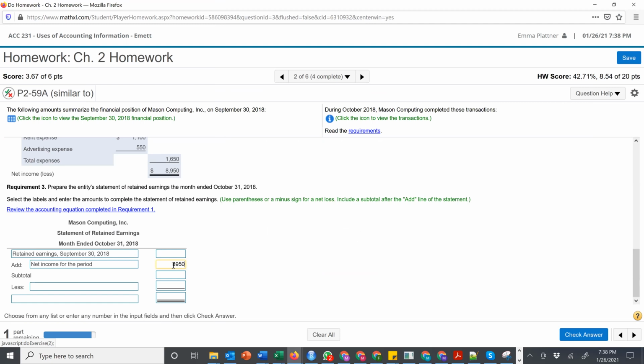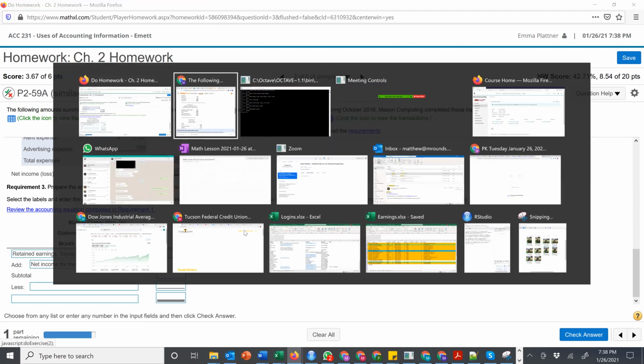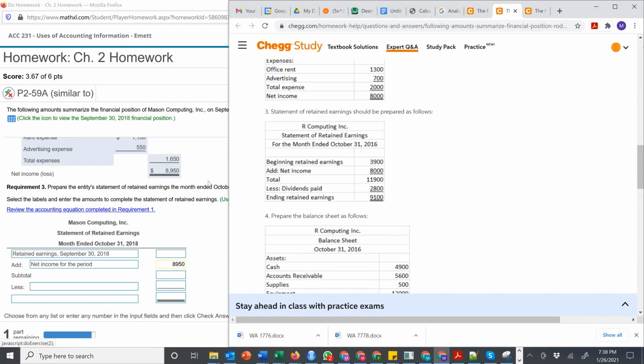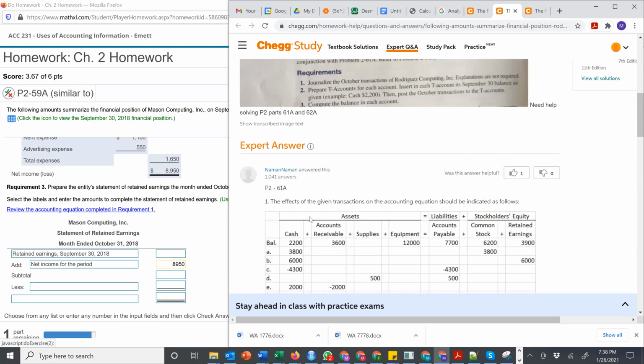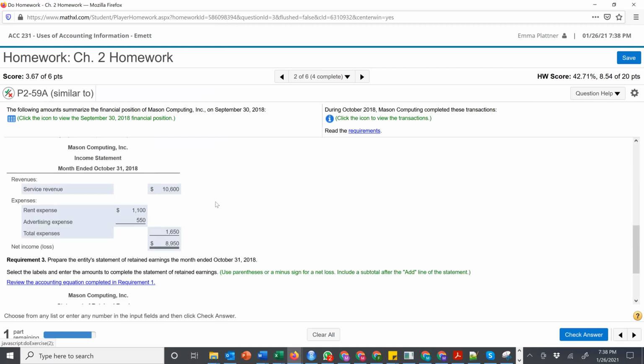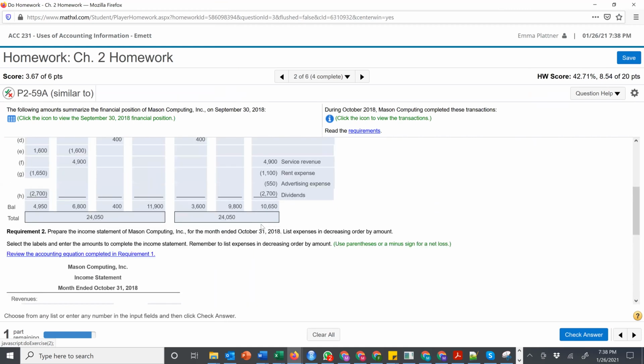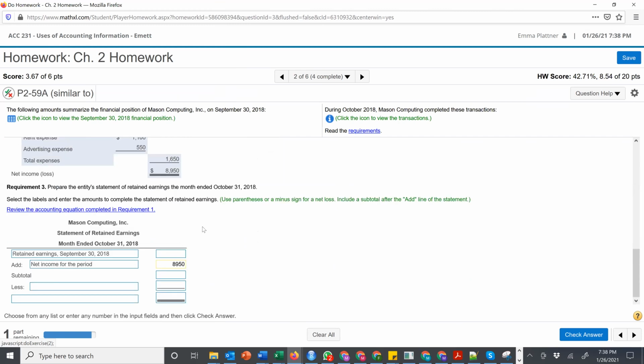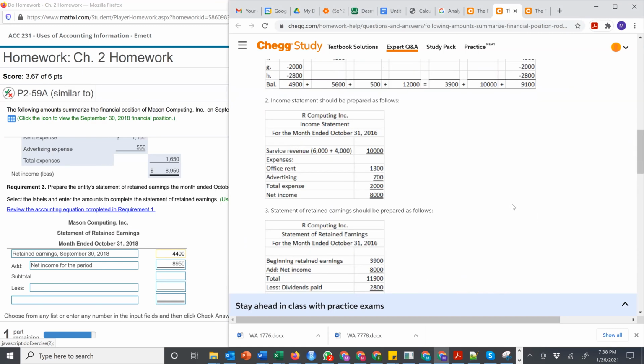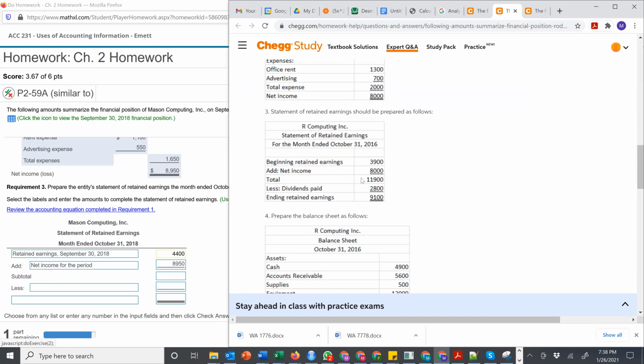Your beginning earnings, I don't know where you get that number, so we'll have to go find that. 3,900. I guess that's what you started with up here. So you started with 4,400 retained earnings up there.